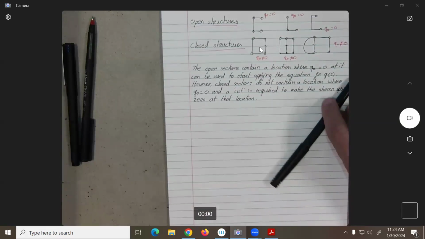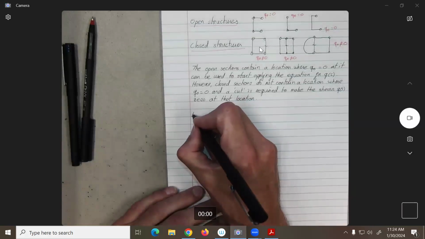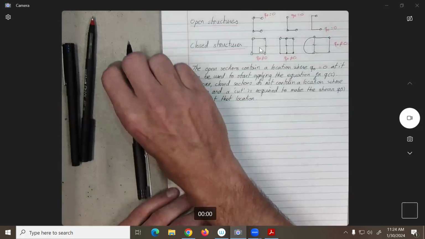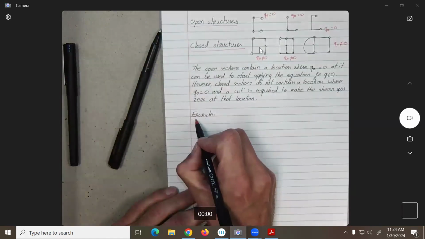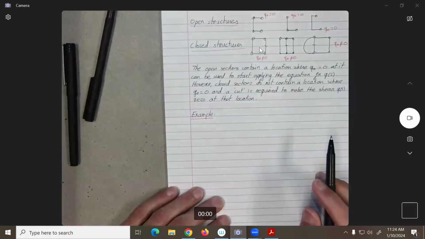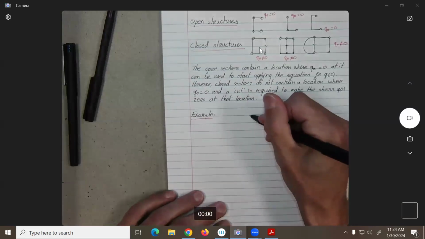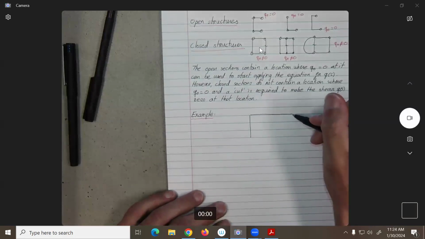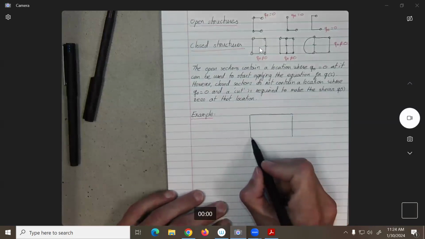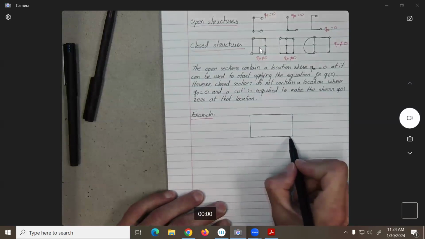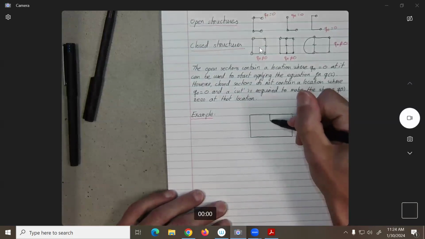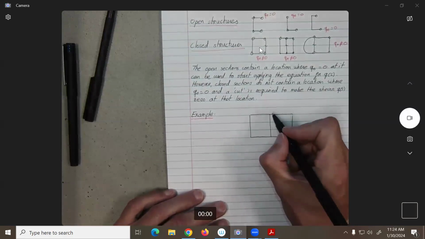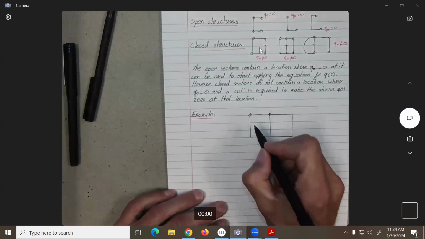Okay, so the best thing is to do an example right away. The better way to understand is to do an example. So let's say we have a wing box, or let's say we have this structure that has two different cells, so two different compartments. We're going to add here boom areas.